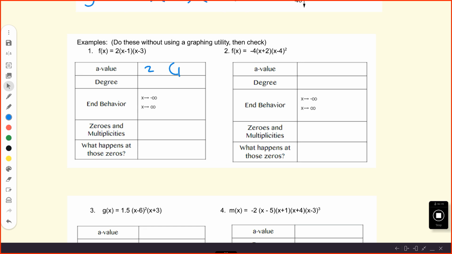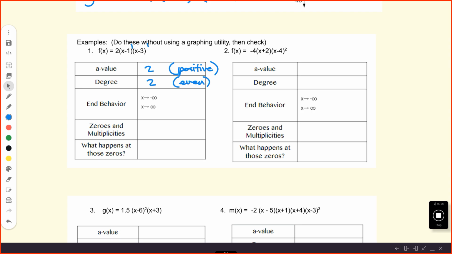So 2 is a positive number. And the degree, we're going to determine if it's odd or even. What is the degree of this polynomial? 2, because you add both of them together and they're both 1. If you have 2 factors, just add the powers. So that's going to be degree 2, and that's an even degree.